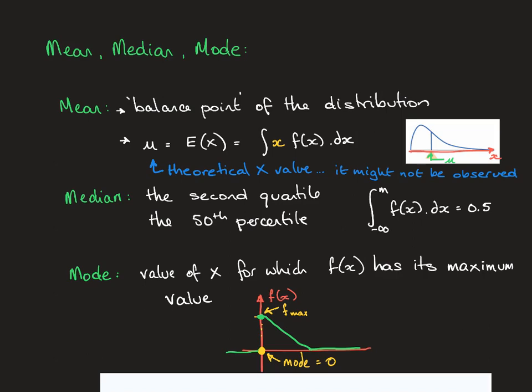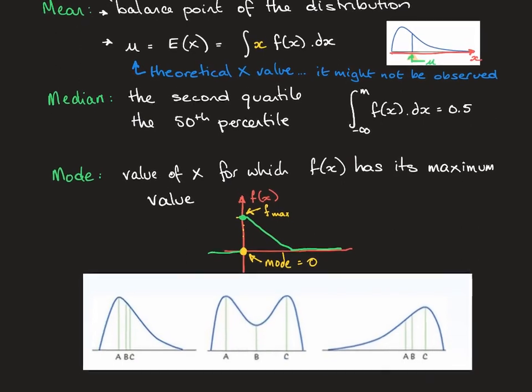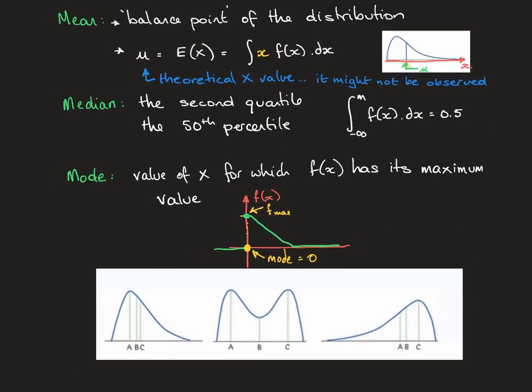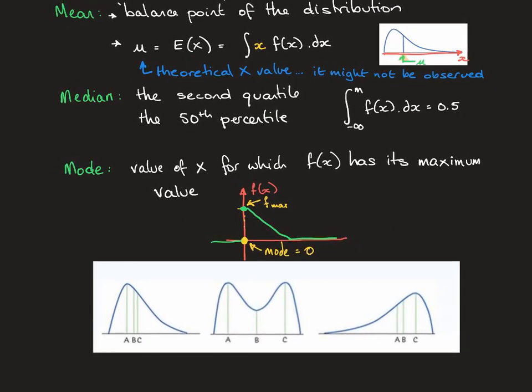The last thing I want you to do with mean, median, and mode, to keep those ideas in place, is have a go at writing the mean, median, and mode for A, B, and C for each of these distributions. Remember, the mean is the balancing point. Where would you place a pivot to balance the distribution under A, B, or C?